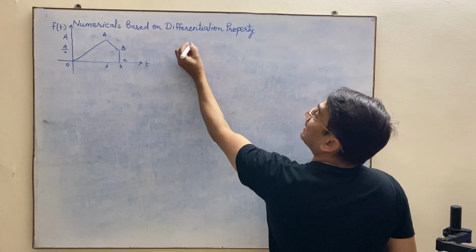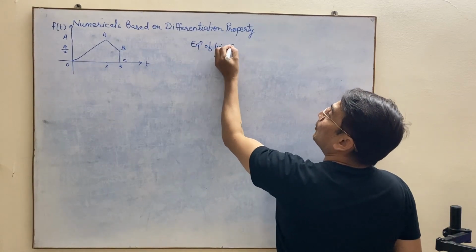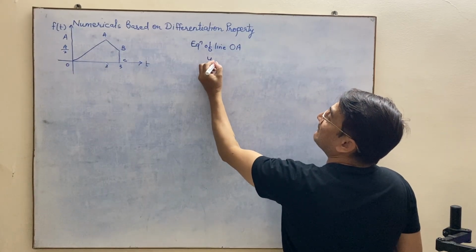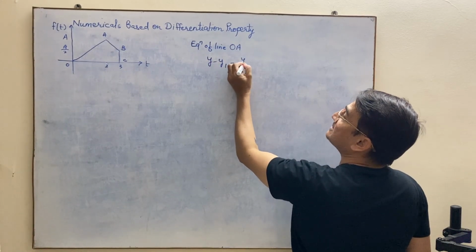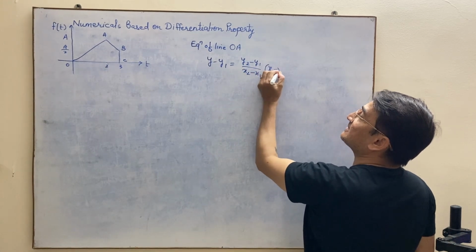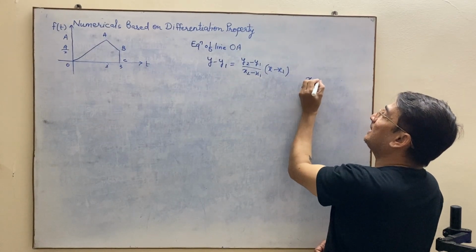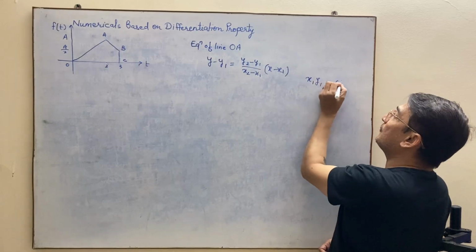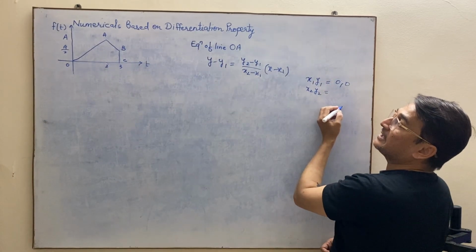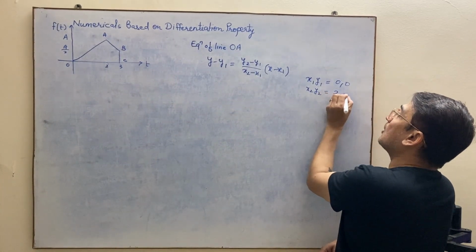First we will calculate the equation of line OA. It will be y minus y1 equals y2 minus y1 upon x2 minus x1, into x minus x1. Now x1, y1 will be the coordinates of O, which is 0, 0, and x2, y2 will be the coordinates of point A, which is x is 2 and y is a, so 2 comma a.